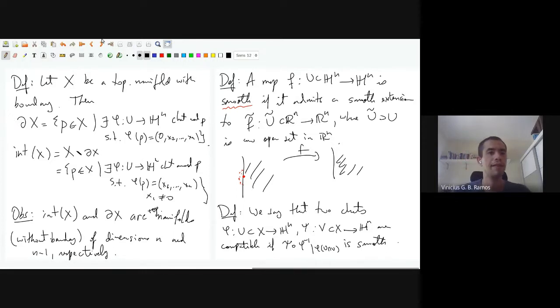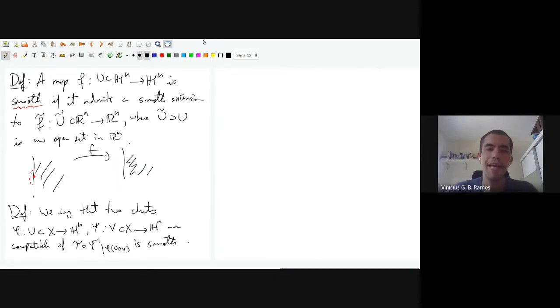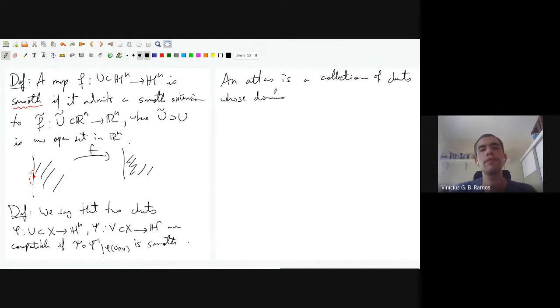And as usual, an atlas is a collection of charts whose domains cover X.